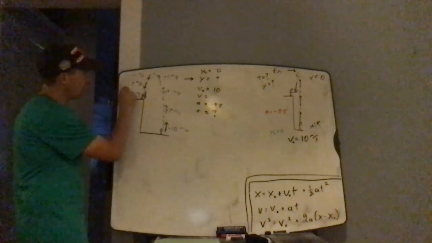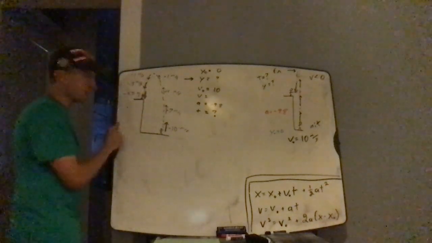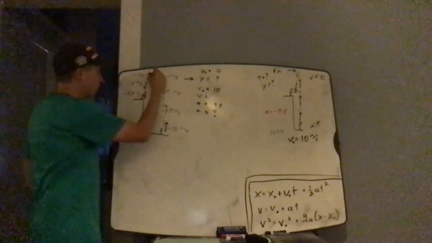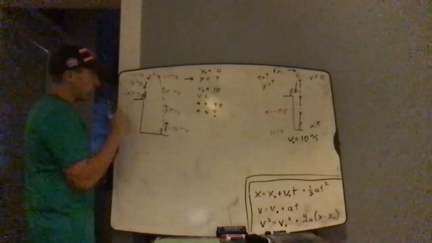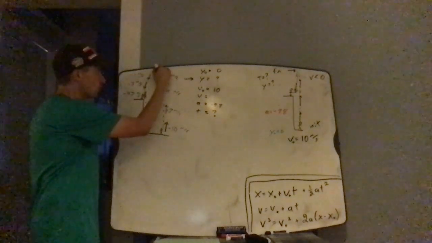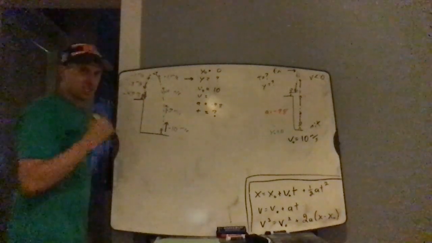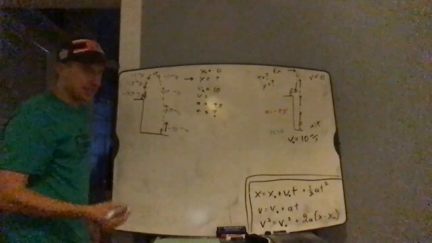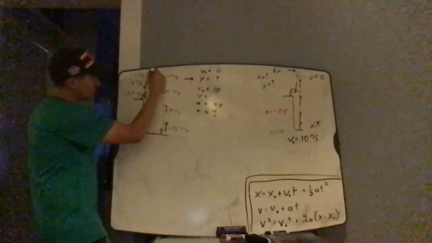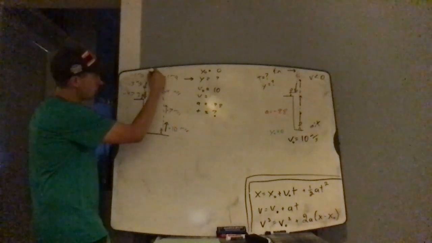We have a negative, more negative, even more negative. So at the top point right here, a split second before the keys reached the top point, they were moving upward. A split second after the keys reached the top point, they were moving downward.